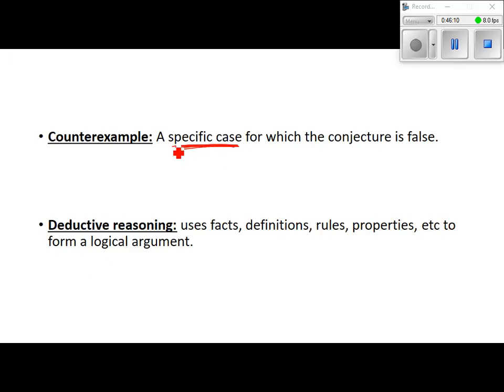So, if you tried to give me a counterexample and you said desk, that probably wouldn't work. If you said this desk, then that's specific.